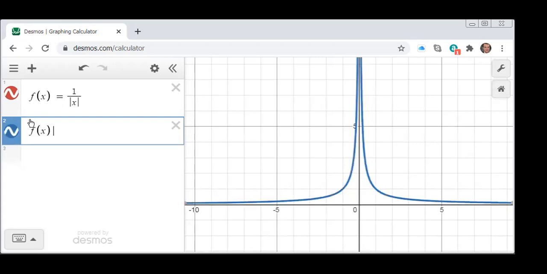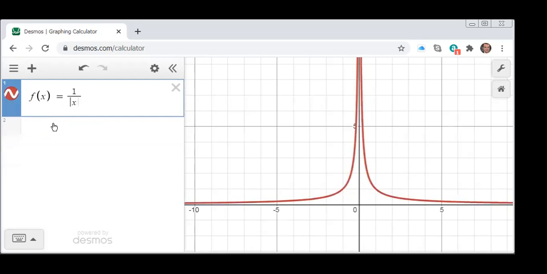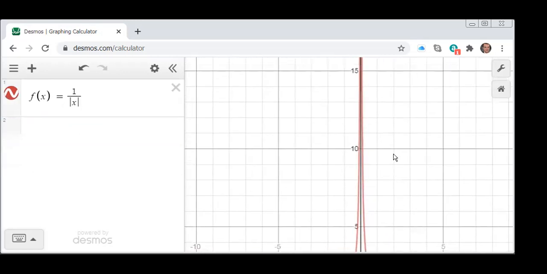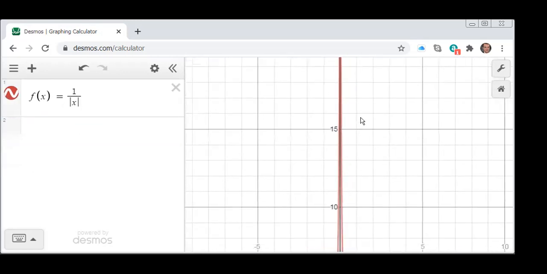And I'll say that f of x has an infinite discontinuity at x equals 0. The reason why it's infinite is because if I take the limit as x goes to 0, the y values are unbounded. The y values tend towards infinity.